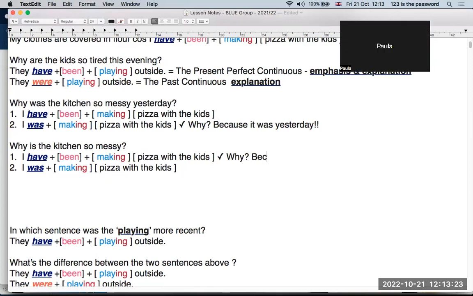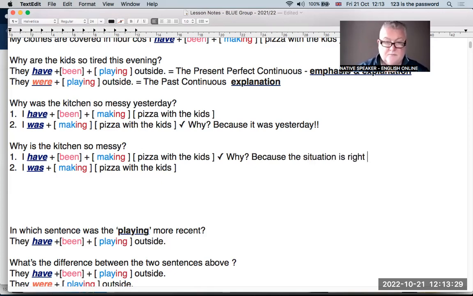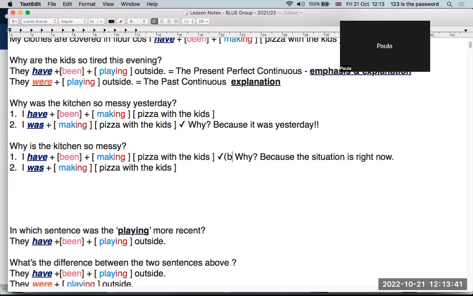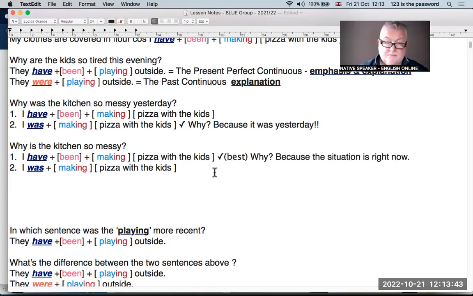Yes, because the situation is right now. Okay. How about this one? Is it wrong? No, it's not wrong. This one's probably best, but this one is okay too.